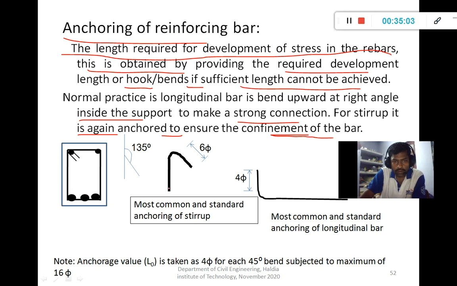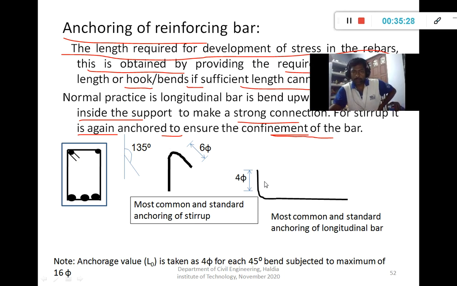For vertical stirrups, the bar is bent at a 135 degree angle, and the extension, the minimum extension as per code, is 6 phi. For a longitudinal bar, the bar is anchored into the support and bent upward, and the extension is 4 phi. From where the curve ends, the minimum extension is 4 phi, whereas in a stirrup the minimum extension is 6 phi.